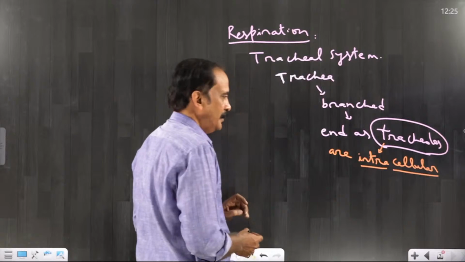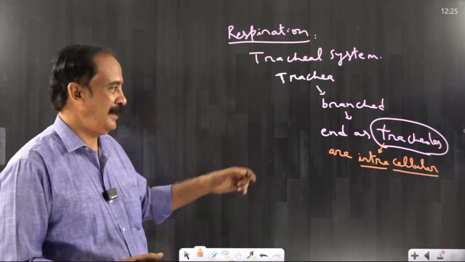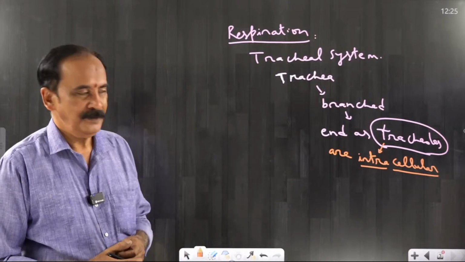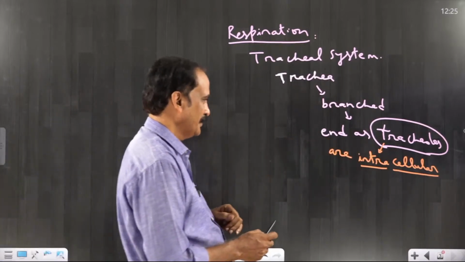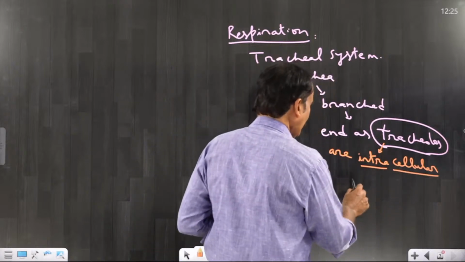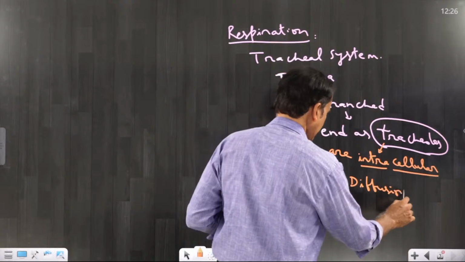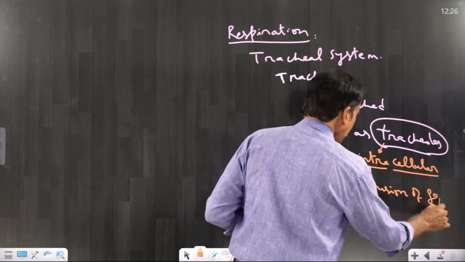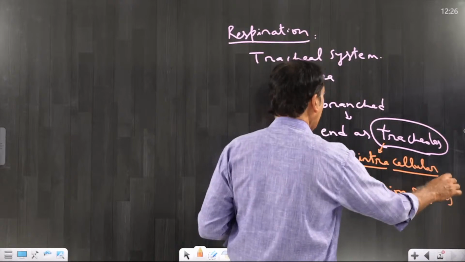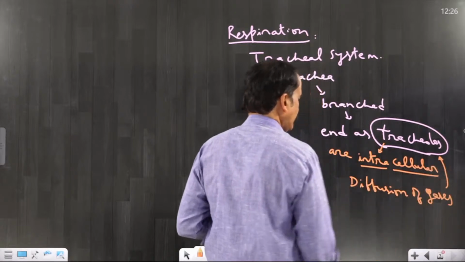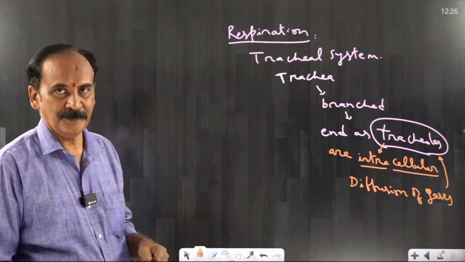Intra means inside. They lie inside the cells, right? So it is the tracheole that actually helps in diffusion. As they lie inside the cell, diffusion of gases, that is intake of oxygen and giving out carbon dioxide, takes place in tracheoles, which end in the cells or are present in the cells.